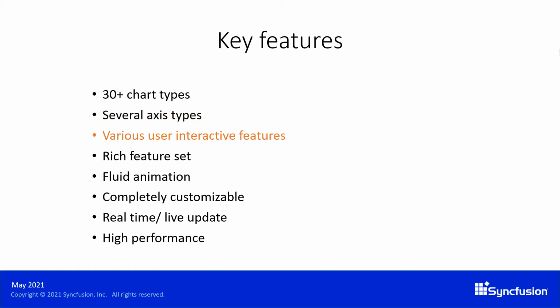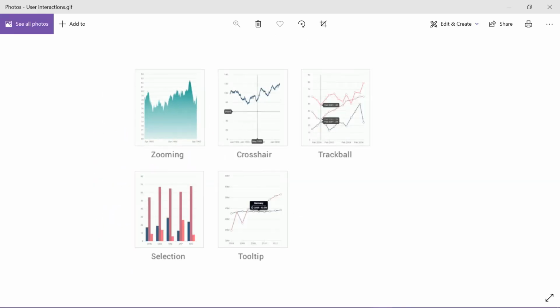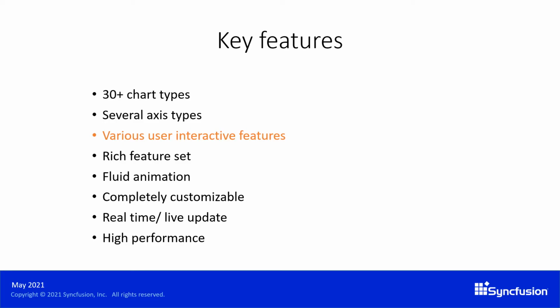Also, it provides various useful interactive features like zooming and panning, tooltip, trackball, crosshair, selection, etc. Then it has a unique, rich feature set which really helps in several scenarios. Its animation is smooth and easy, which is pleasant to watch. Also, it has a vast set of APIs to customize each part of the chart as desired.